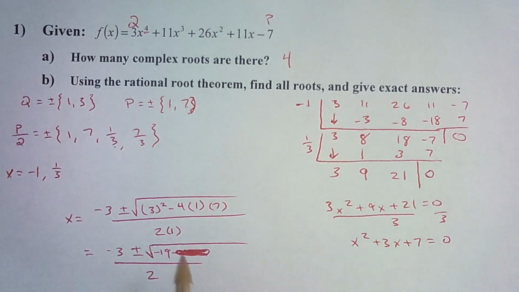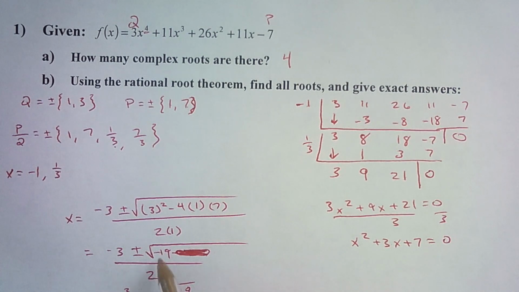So this represents 2 different solutions because there's a plus or minus there. And I'm going to split this up into 2 separate fractions. Negative 3 halves plus or minus the square root of negative 19, which is really i times the square root of 19, over 2.